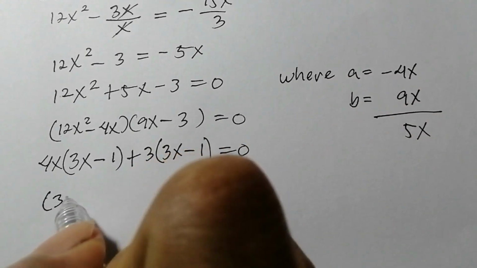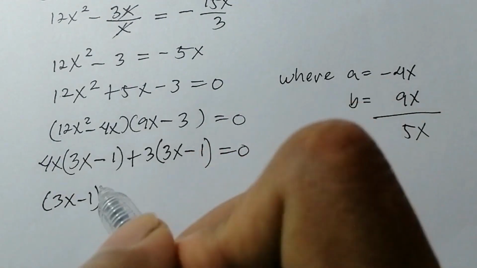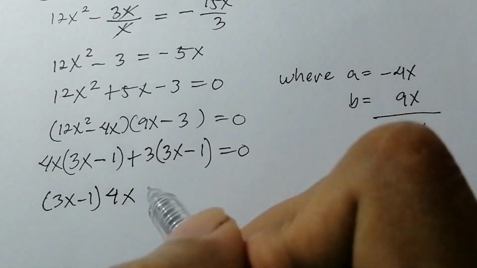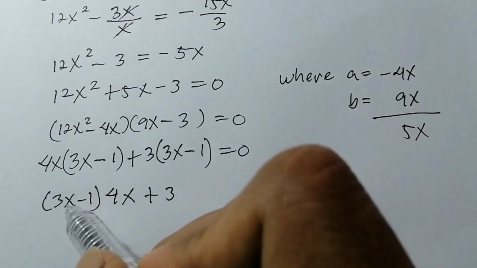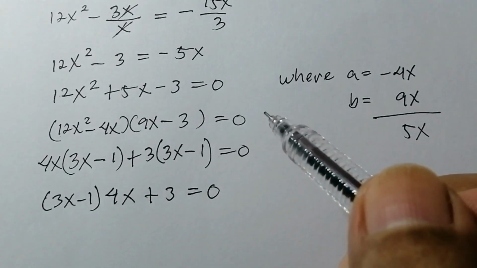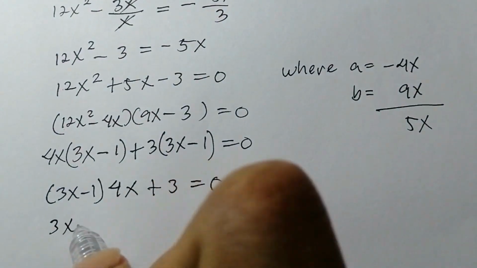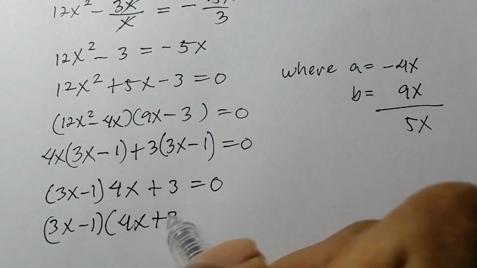This will be 3x minus 1, then 4x plus 3, and is equal to 0. So this will be written as 3x minus 1 times 4x plus 3.